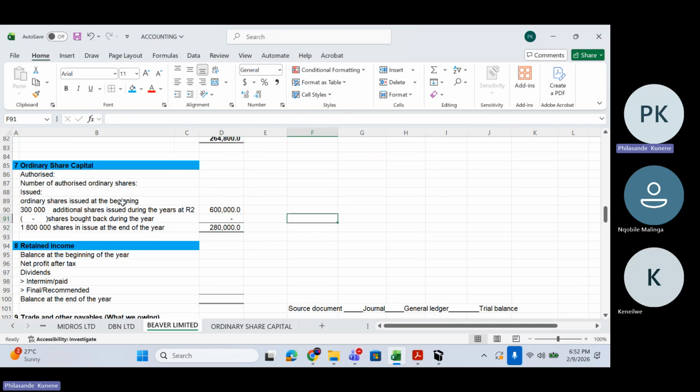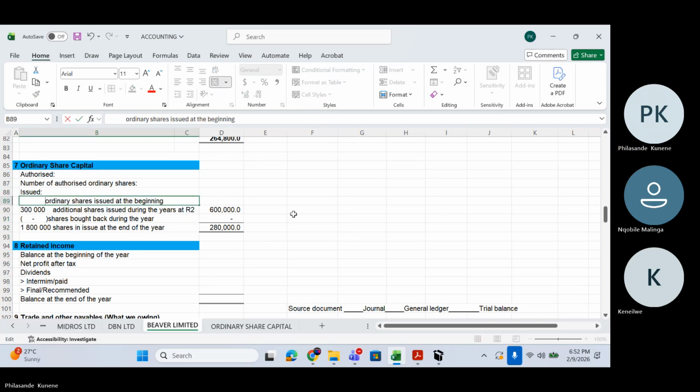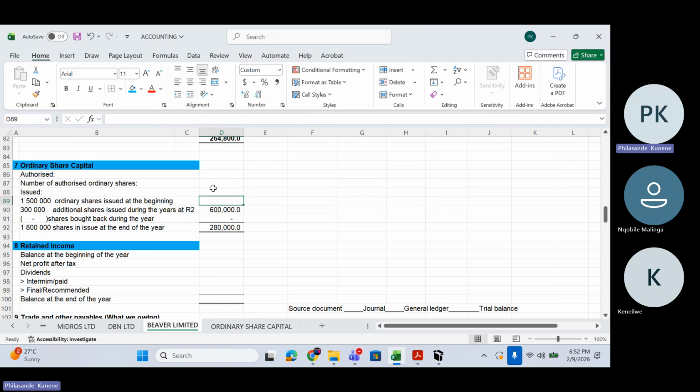Okay. Ordinary shares issued at the beginning. How much would our ordinary shares issued at the beginning be, guys? In terms of the number of shares, let's talk about the number of shares first. It's going to be 1.5 million. And at how much, so what would be the value here, out of 2,800,000? Would it be 2,200,000?